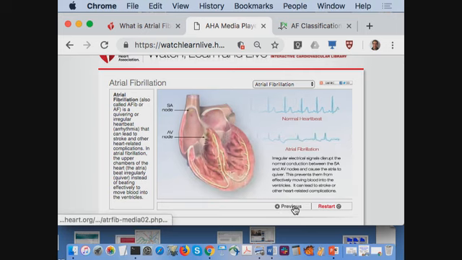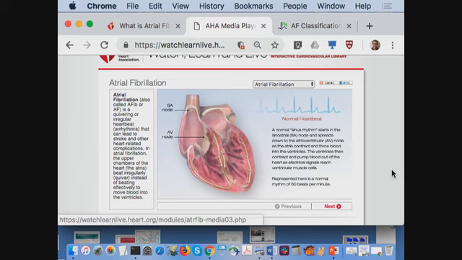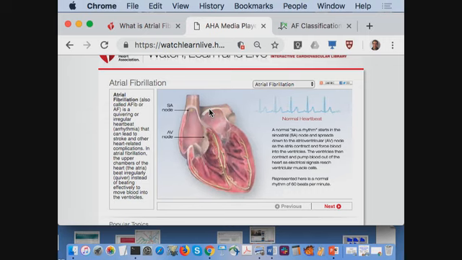Okay, so this is a normal heartbeat. Heart's pumping like this. And if you were to look at the signal output of the EKG of a normal heartbeat, it would look like this, and it roughly corresponds to the signals for the different cycles of the heartbeat.